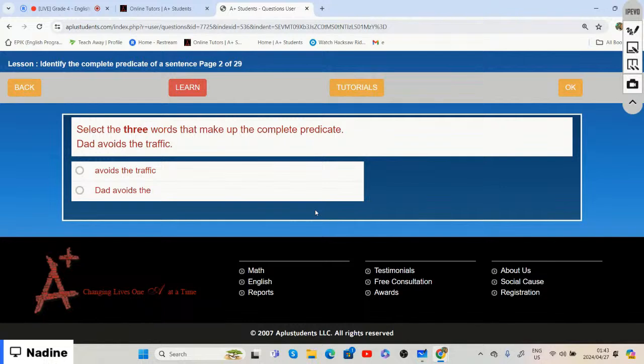Dad is the subject. We need to first start with our verb and see what the action is that dad does.